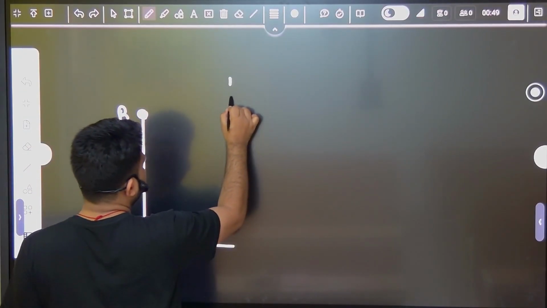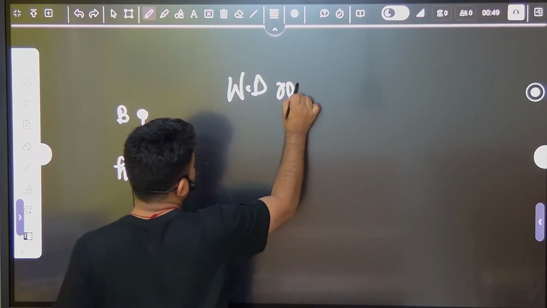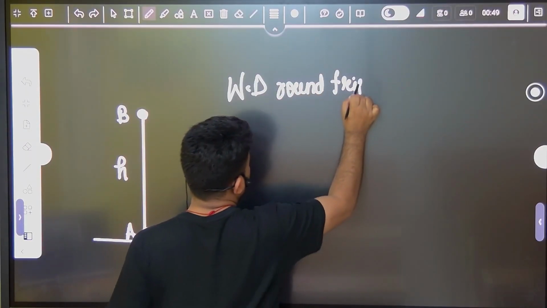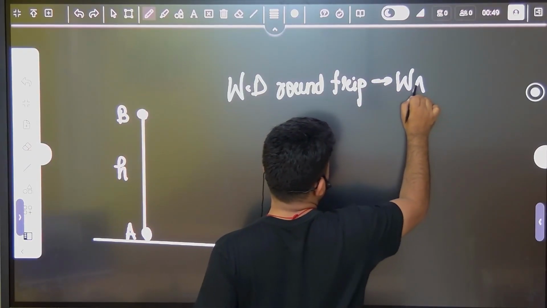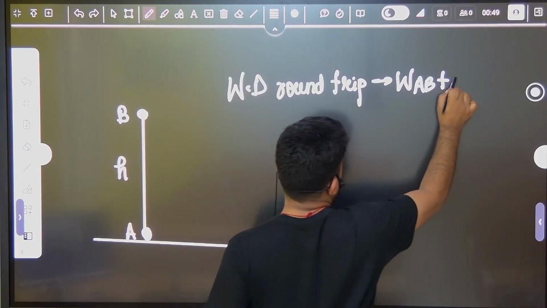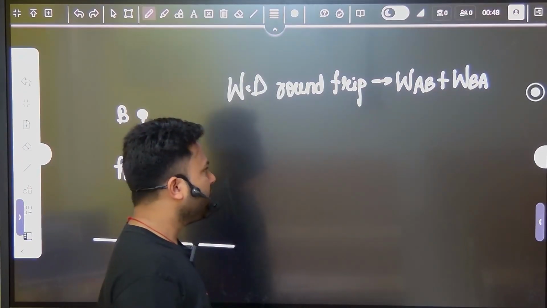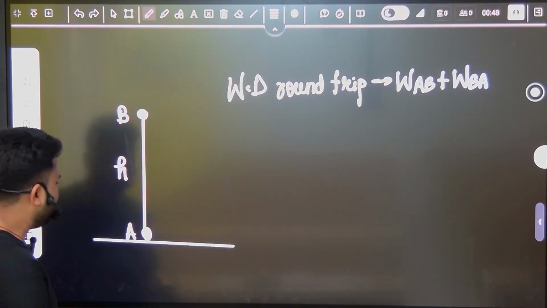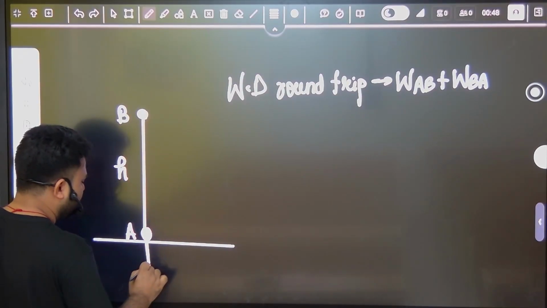So work done in the round trip. Let's check. So this is work done in going from A to B plus work done in going from B to A. So work done by the gravity in going from A to B. So gravity always applies force in the downward direction, mg.